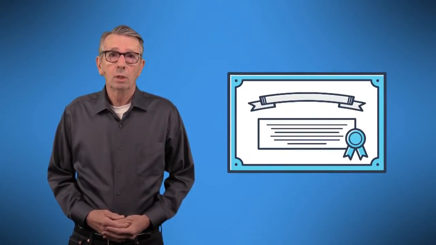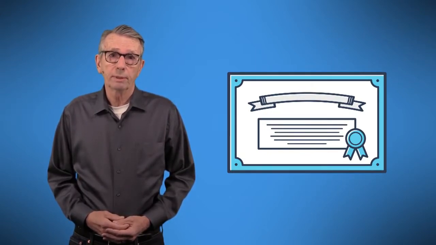Once you've completed all the lessons and quizzes, you'll need to fill out a mandatory questionnaire that gives us the information we need to report to the Texas Department of Licensing and Regulation, the TDLR. This is so that we can issue you a certificate of completion, which you can then provide to the court and your insurance company.